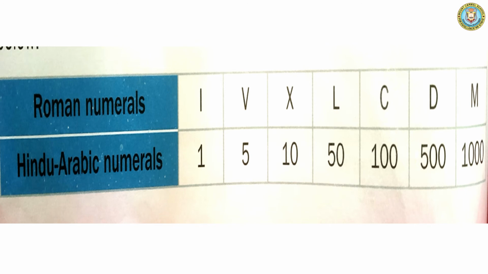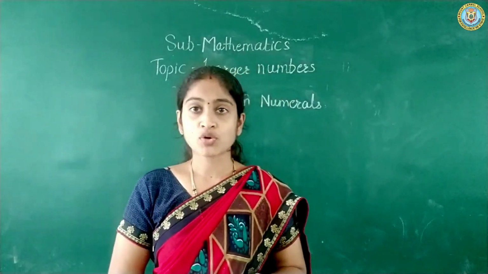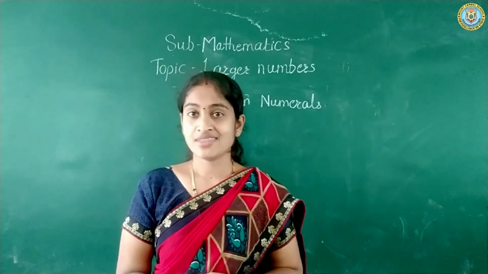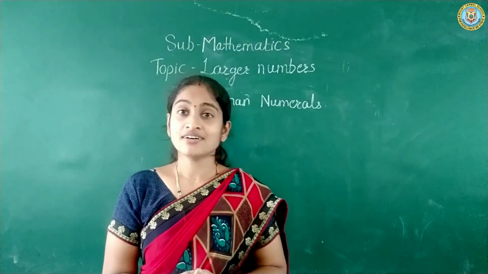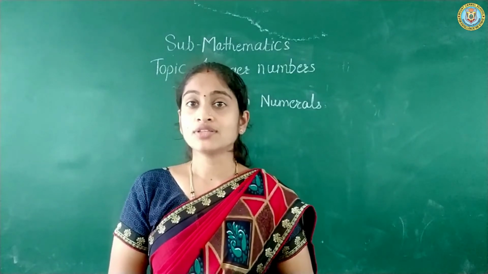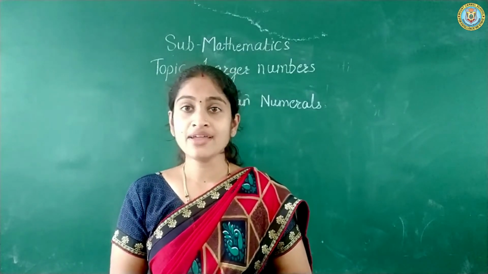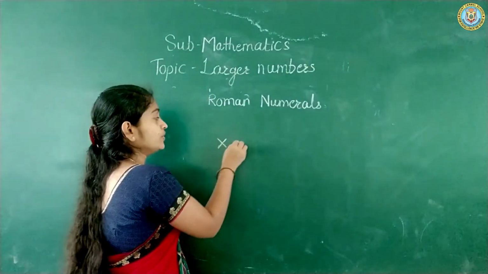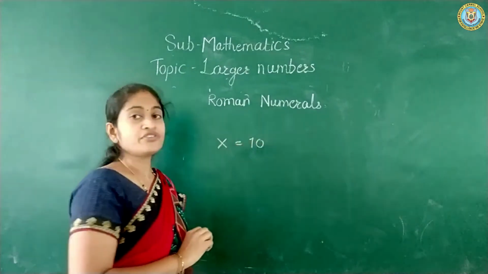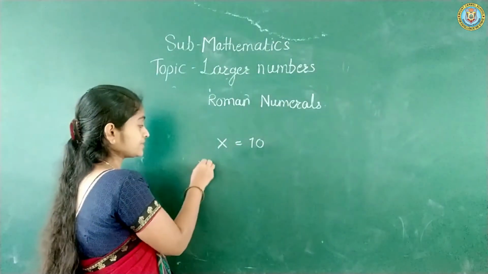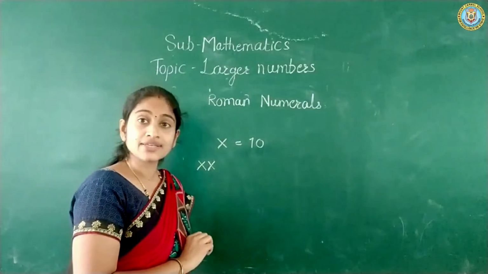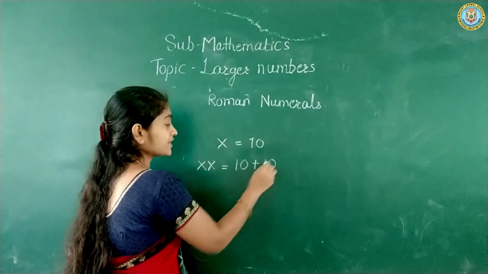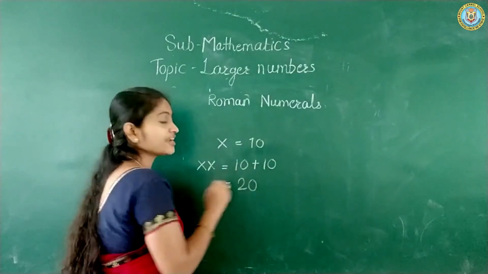Okay, now there are some rules. We have to follow the rules for solving the Roman numbers. So let us learn one by one how the Roman numbers can be calculated by one rule. See my dear students, here X is equal to 10. So if one example is given to us, that is XX, how much is it? How to solve this? You have to add 10 plus 10, that value is 20.